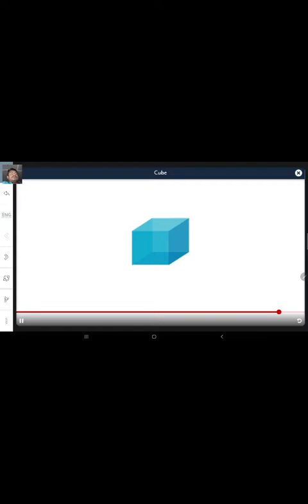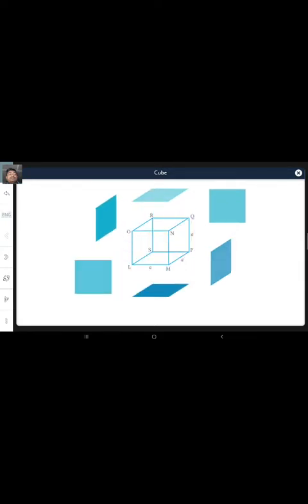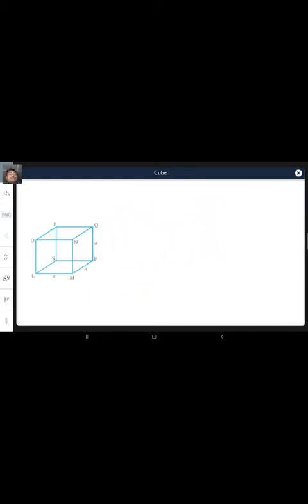A cube is a special case of a cuboid, with all edges of the same length. Thus, a cube has 6 equal square faces. In a cube of side A, the total surface area is equal to 6 times the area of one of the square faces, that is, 6A square.